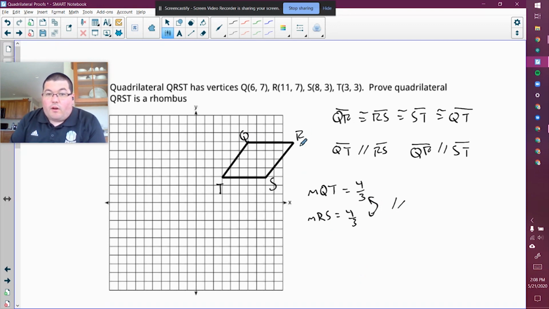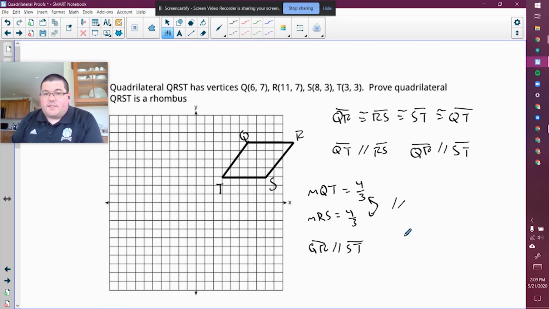What's the slope of QR? Well, that's a horizontal, so the slope is 0, right? Slope of ST, also a horizontal, so the slope is 0. And so we can see now too that not only is QT parallel with RS, but QR is also parallel with ST.